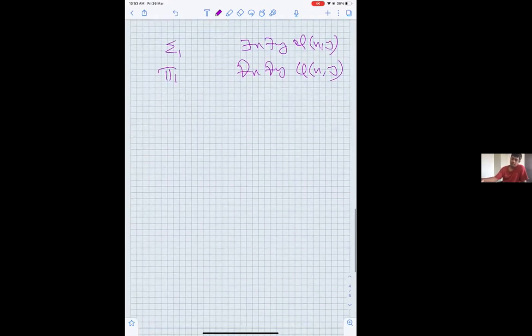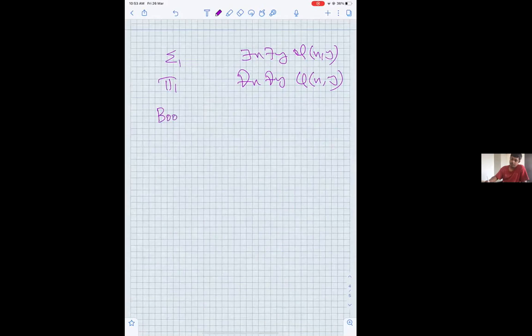So if I consider Boolean combinations of sigma 1, what will that be? I can say there exists x, there exists y, phi 1, and the negation of a sigma 1 formula will be in pi 1.